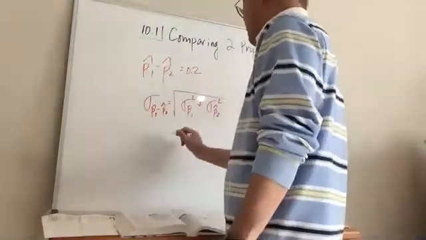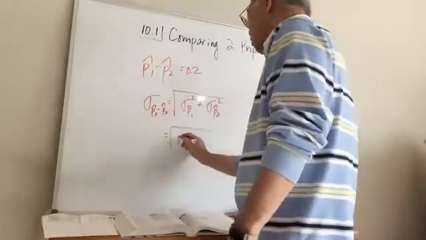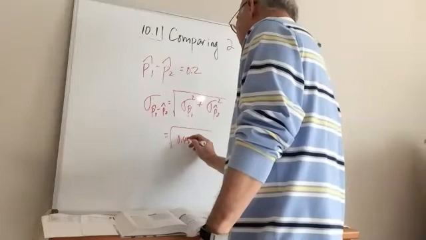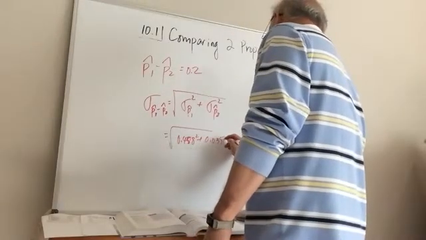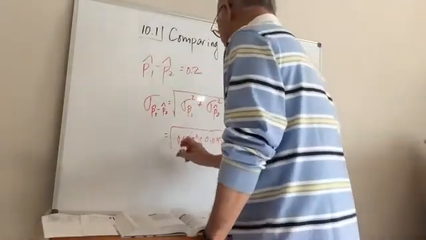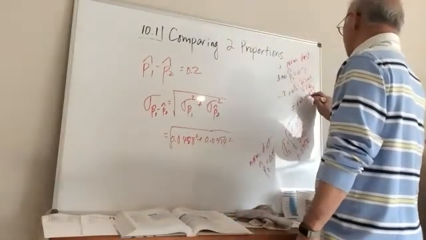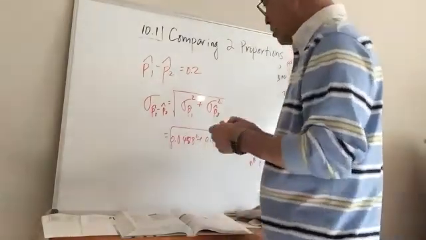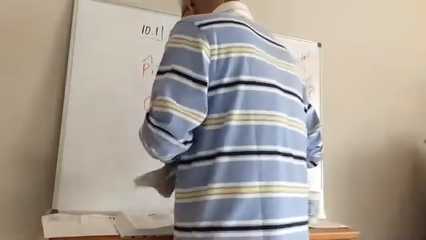You would have the square root of 0.458 squared plus 0.0354 squared. This is 0.04, I'm assuming. I think I'm missing a 0 there. Okay, so this is how you would do it. So let's go to that example.